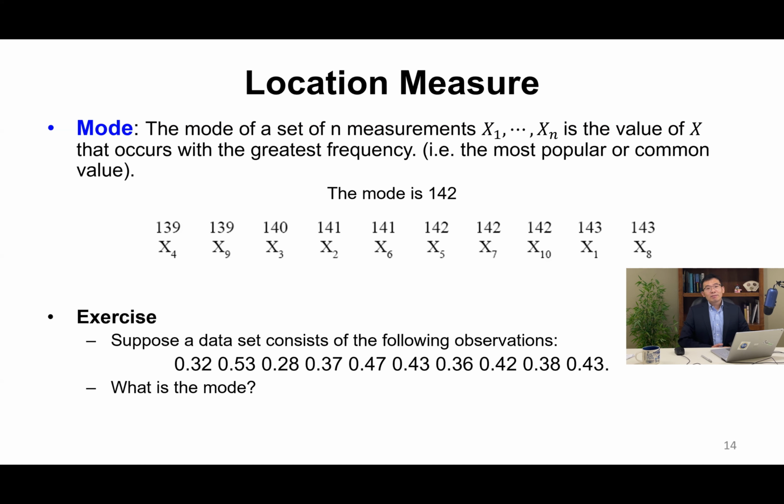The mode of a set of n measurements x1 to xn is the value of x that occurs with the greatest frequency. Or you can say the most popular common value.